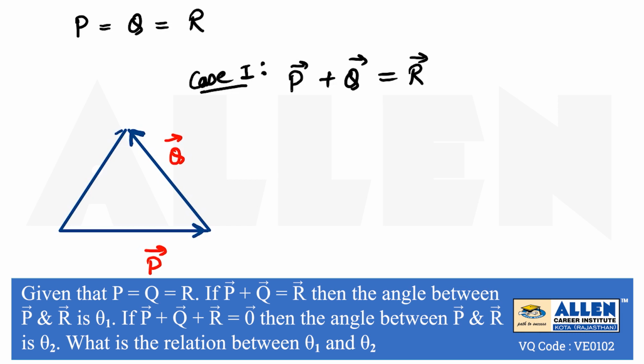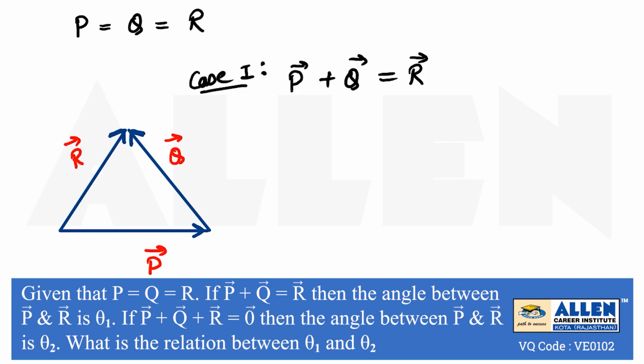So this will represent R vector. R vector is the resultant of P vector and Q vector in this case, so we draw it in opposite order to P vector and Q vector.